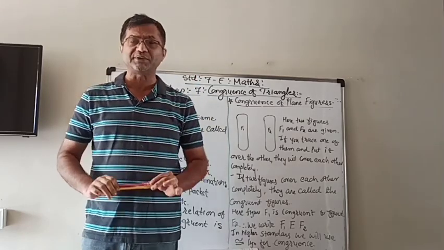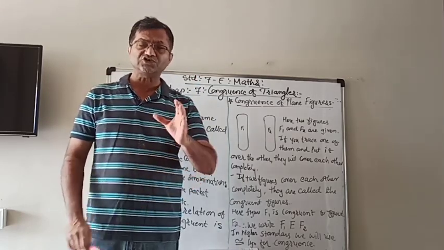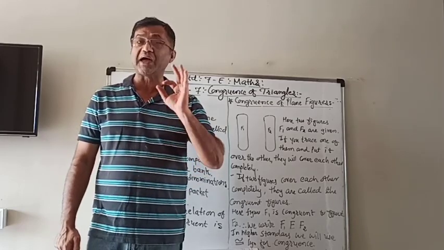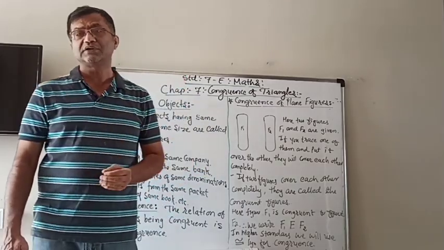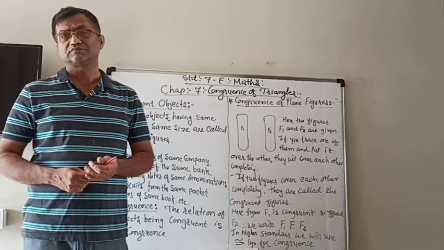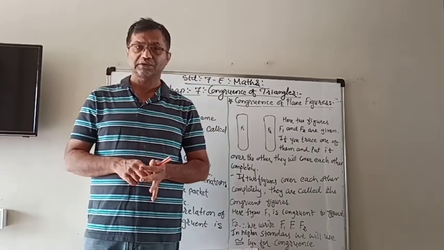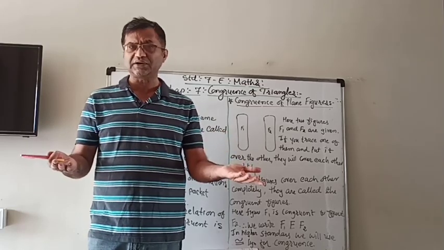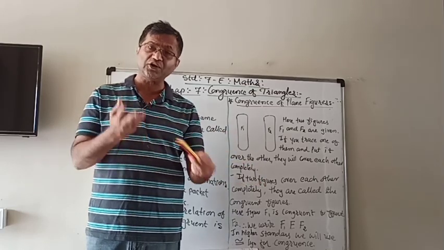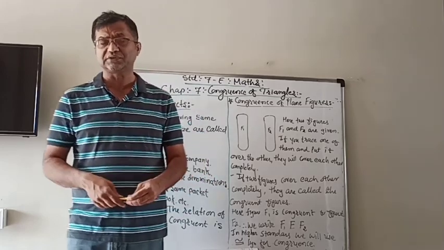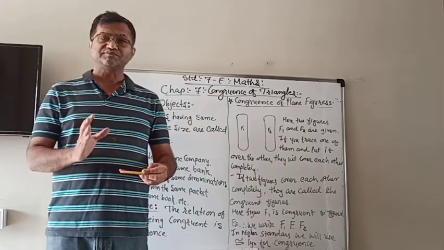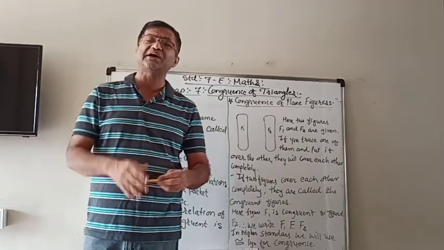Exactly the same copies. So actually congruent figures are the exact copy of each other, particularly in shape and size. Color can be different or something written on it can be different, but only the shape and size matter.